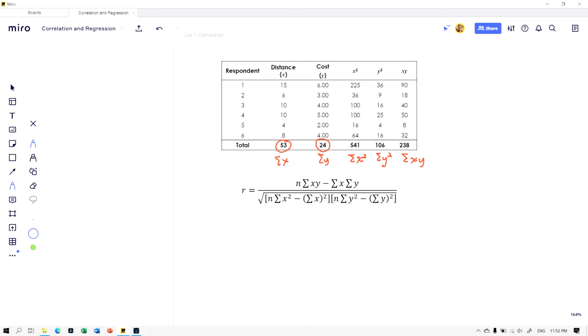Now we have all the values that we need to calculate the Pearson correlation R. And before we proceed with calculating R, I just would like to identify n, which is equals to 6, because we have 6 respondents. So R is n, the value of n is equals to 6, times the sum of xy.